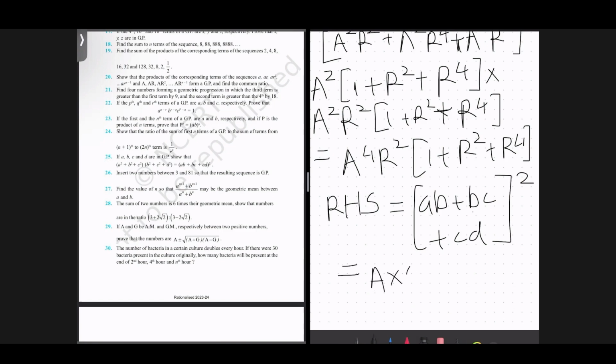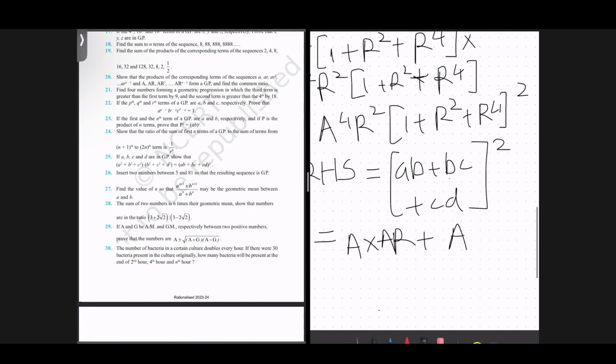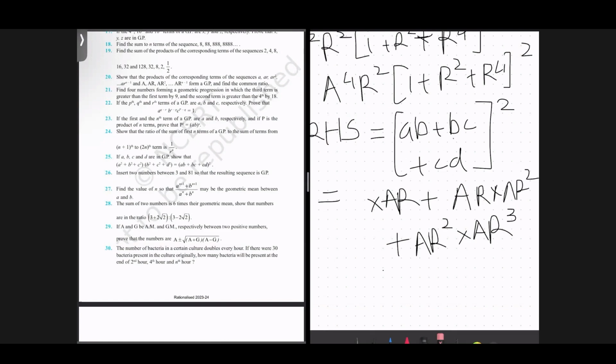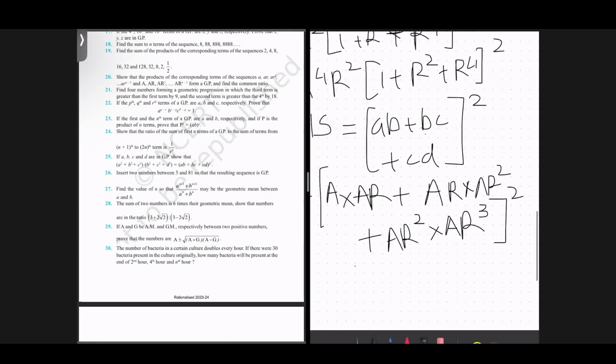A into B is A into AR, plus B into C, which would be AR into AR square, plus CD, which would be AR square into AR raised to the power 3. What I've done is I've just plugged in the values of A, B, C, and D into the RHS part, and I've squared this entire term because that is what RHS is going to be.